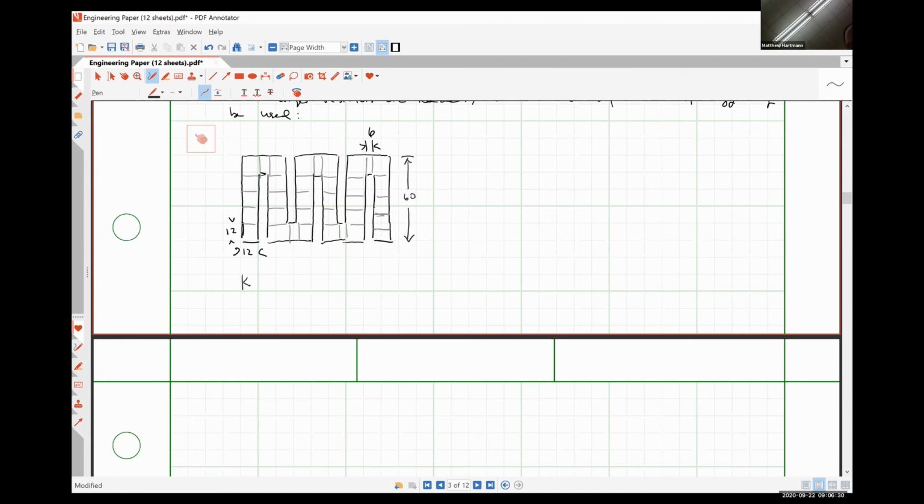And then we have 6, 6, 6, 6, 1, 2, 3, 4, 5. So in this case, 72 plus 30 is 102 units this way. But we could count the squares and figure out what's going on here, okay?